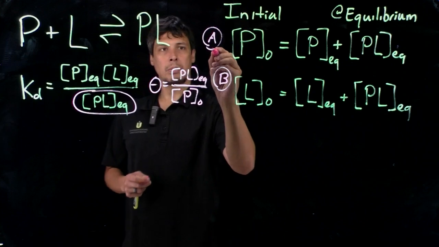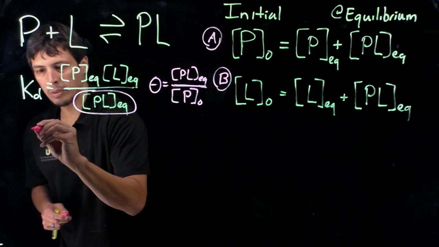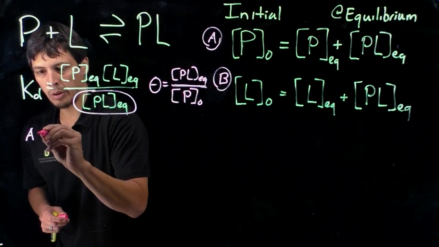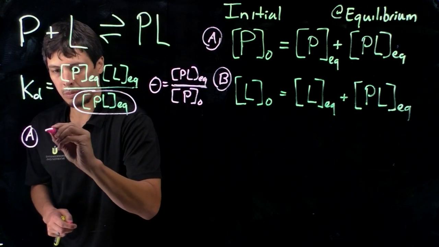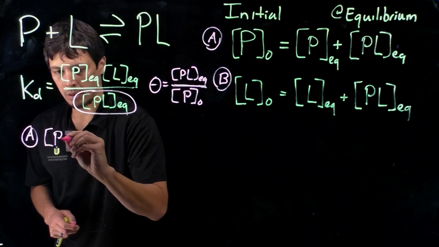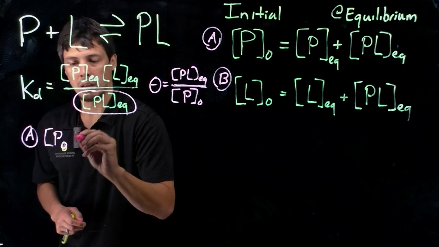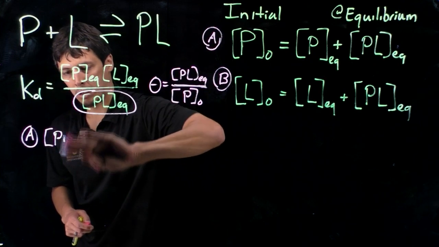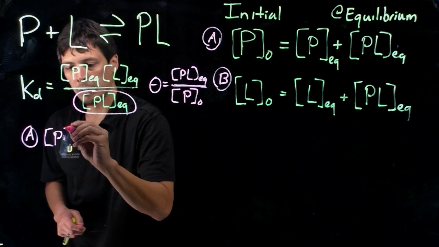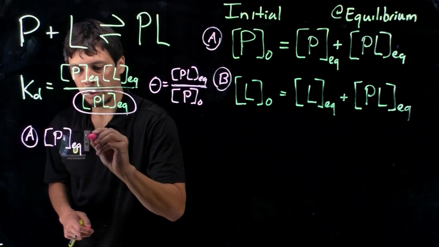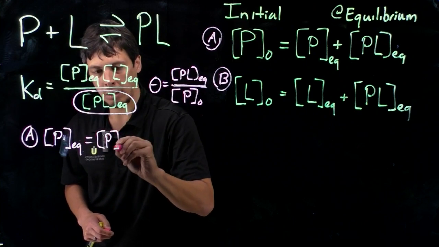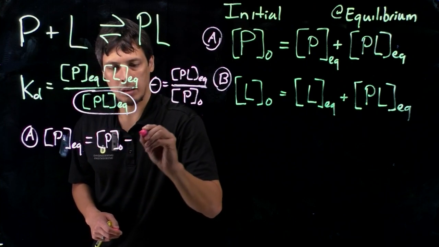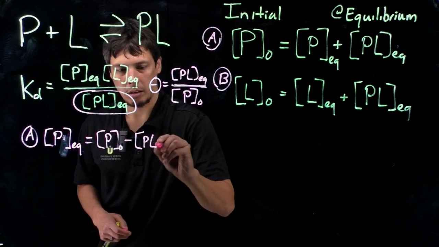We can do that, for instance, from equation A, shown here. We can rearrange this by subtraction, where P equilibrium is equal to P naught minus PL_eq.